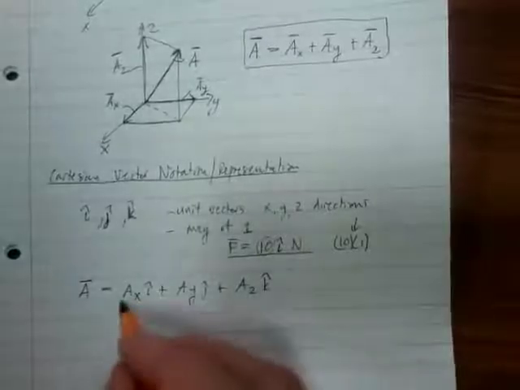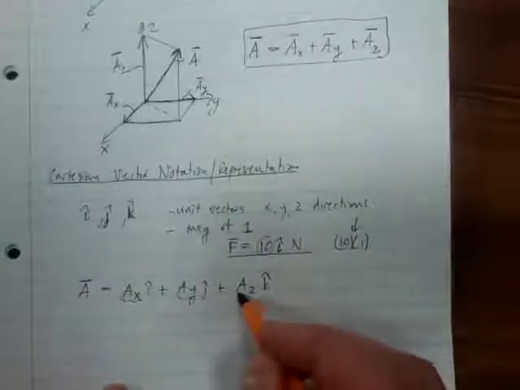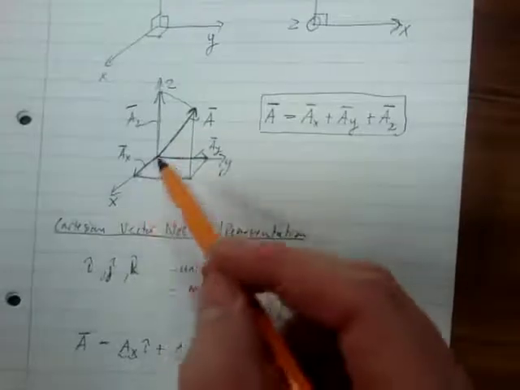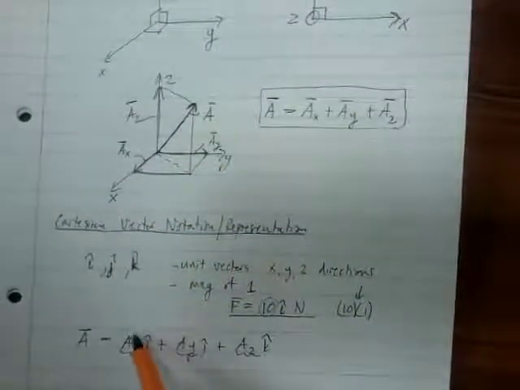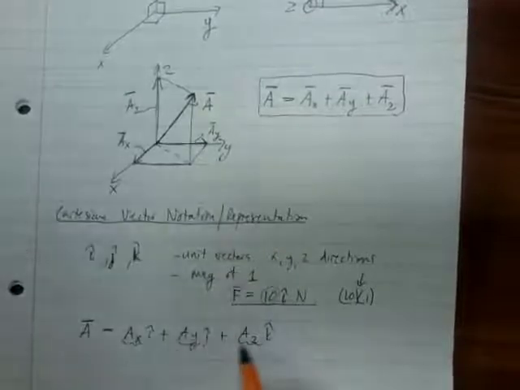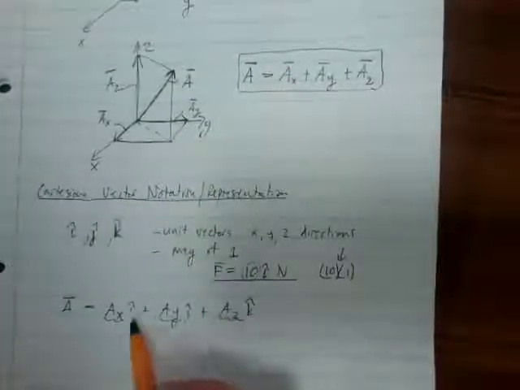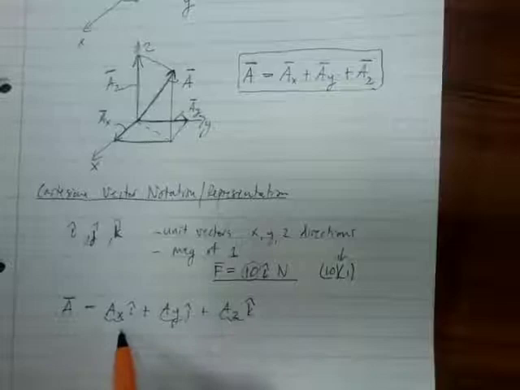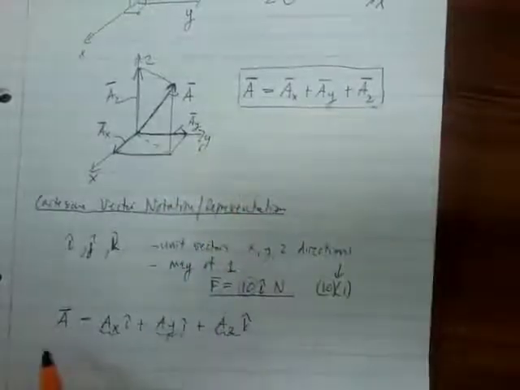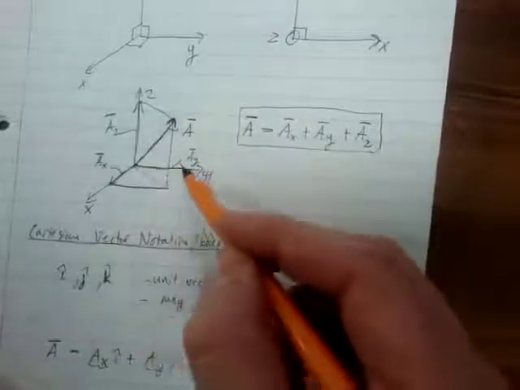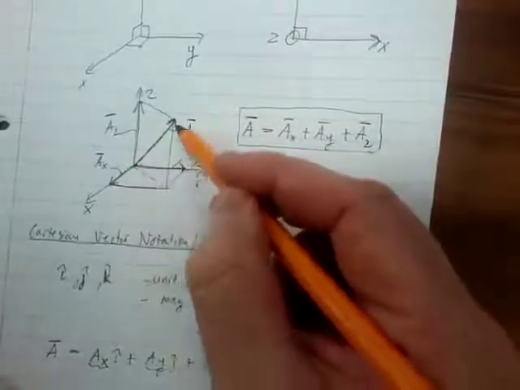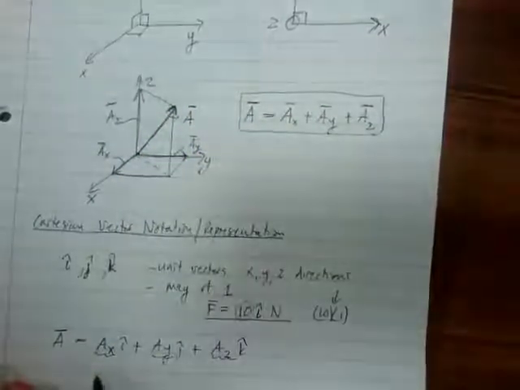So these are magnitudes in the x, y, and z direction. Could be 10, 20, anything, and then the i's, j's, and k's simply give these directions. Remember that we are adding up vectors here, vector addition. That vector plus that vector plus that vector gives us this resultant vector A.